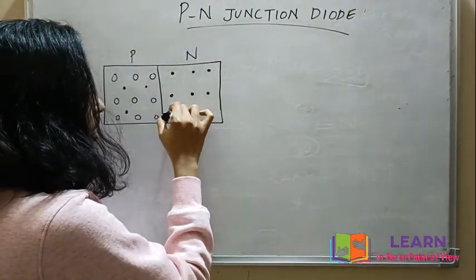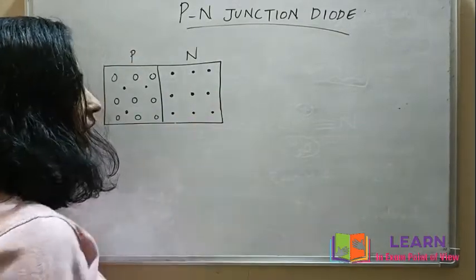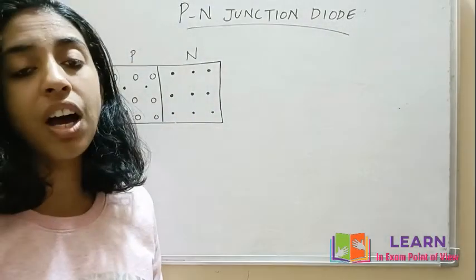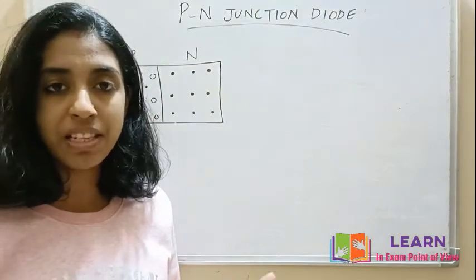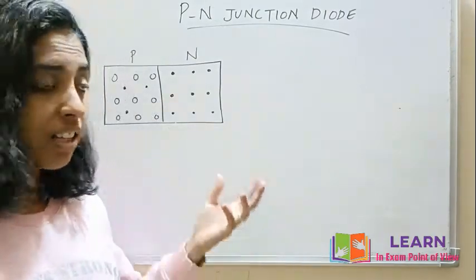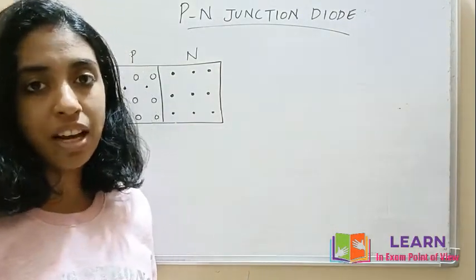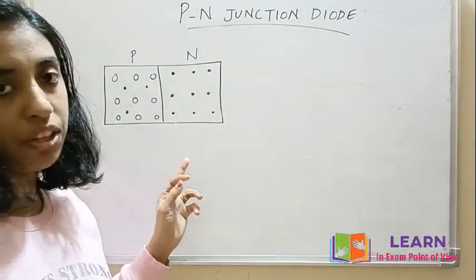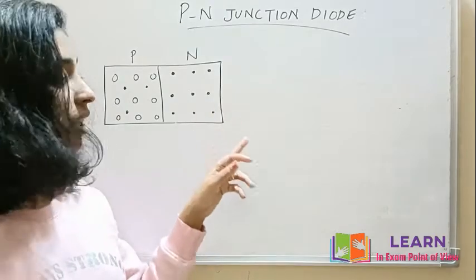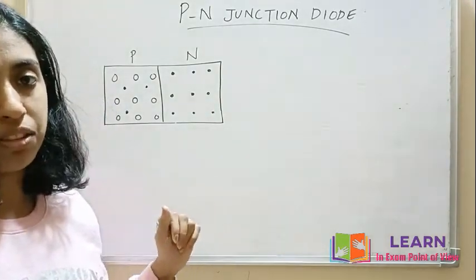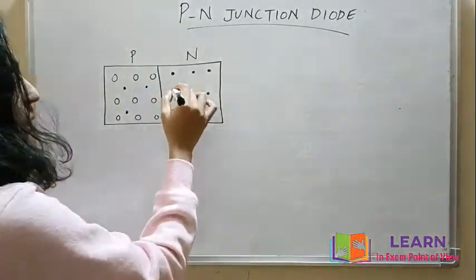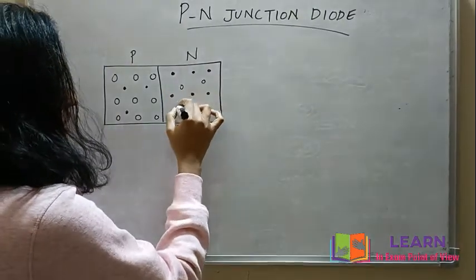In n-type, that is negative. In n-type semiconductors, we are adding a pentavalent impurity, and in p-type, we are adding a trivalent impurity. So here one deficiency of electron will create a hole, and here one excess electron will be there. In between, the minority holes you can also see.